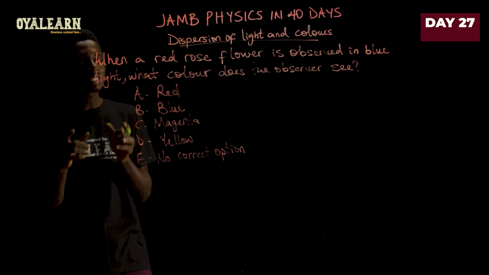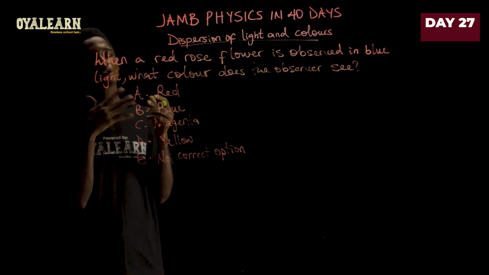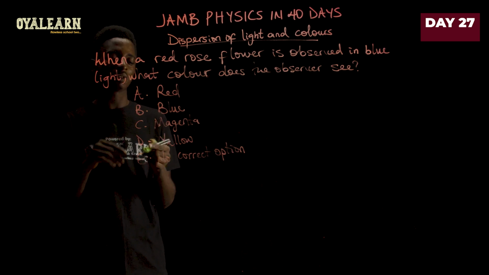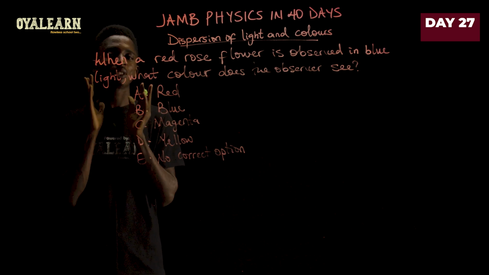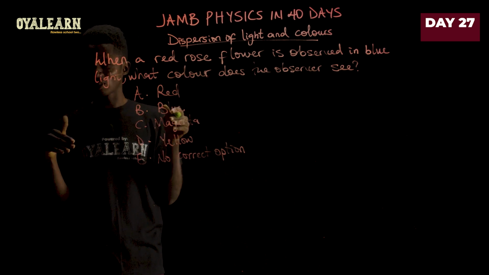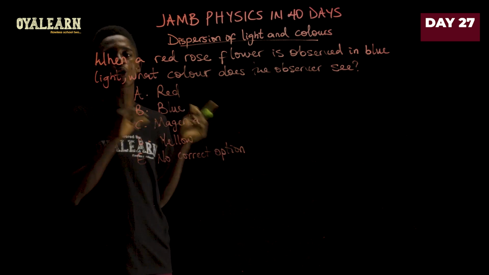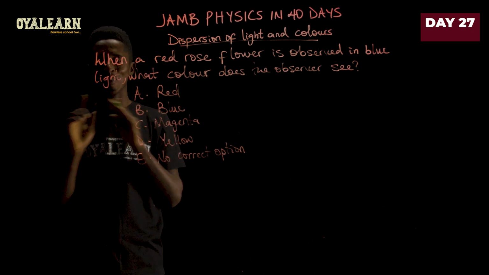Now, there is a little catch to this. Because red plus blue normally gives magenta, many students will think that the answer is magenta. But this is what you need to take note of. It's going to absorb the blue and reflect nothing. So if you are viewing it under blue light in a dark room, it's going to appear black.